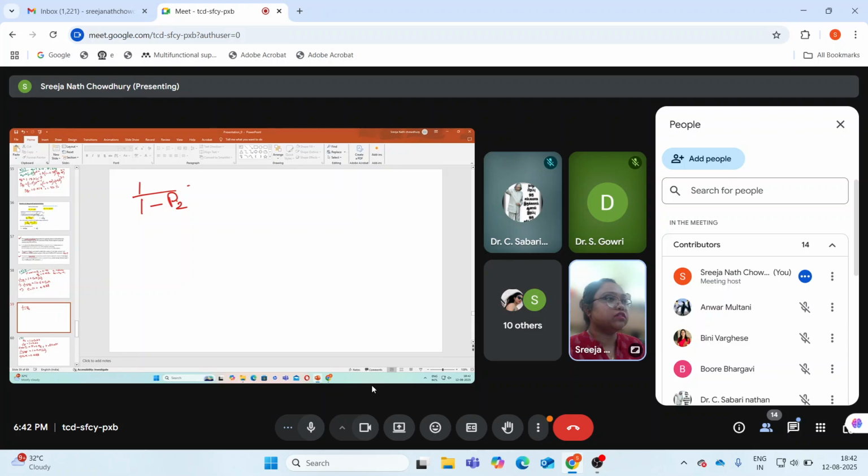And this will be divided by the total number of moles, that is 2 plus 3. So it will give you F average.